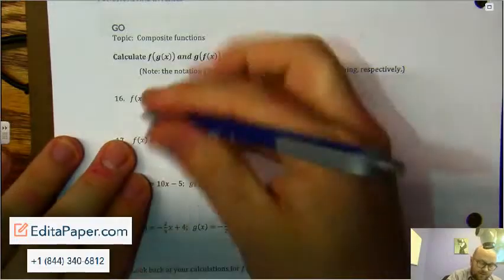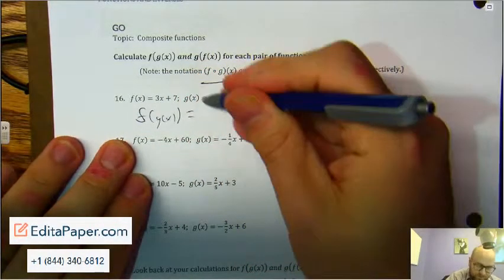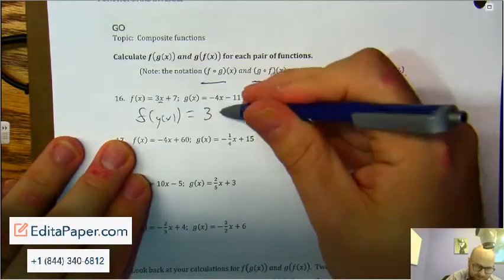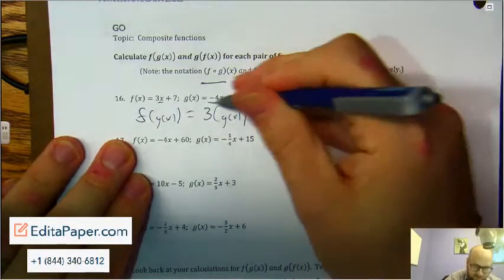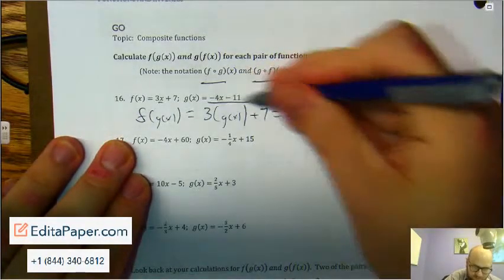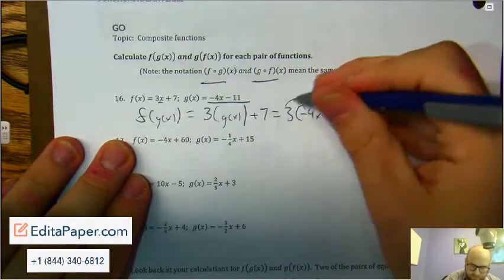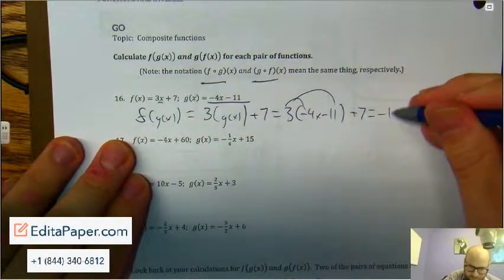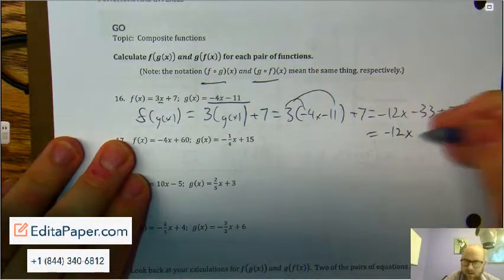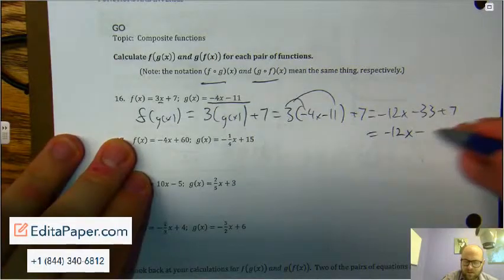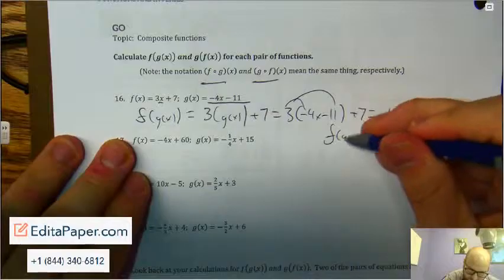So I'm thinking of f of g of x, here is 3, and then instead of x, it's g of x plus 7, but I know that g of x is all of this, so this is 3 times -4x minus 11 plus 7. 3 distributes, I get -12x minus 33 plus 7, or -12x minus, what is that, 26? I think that's right.